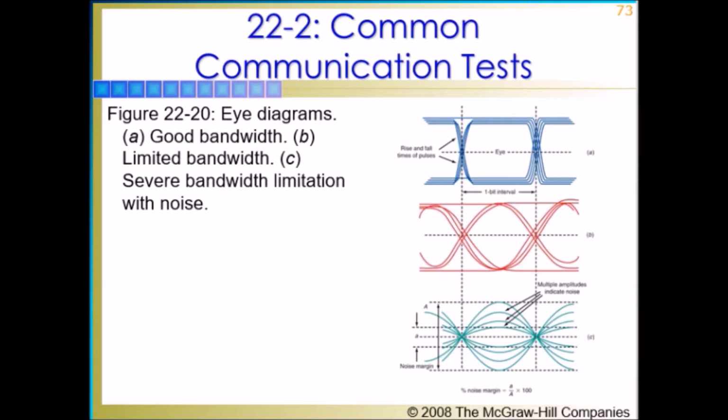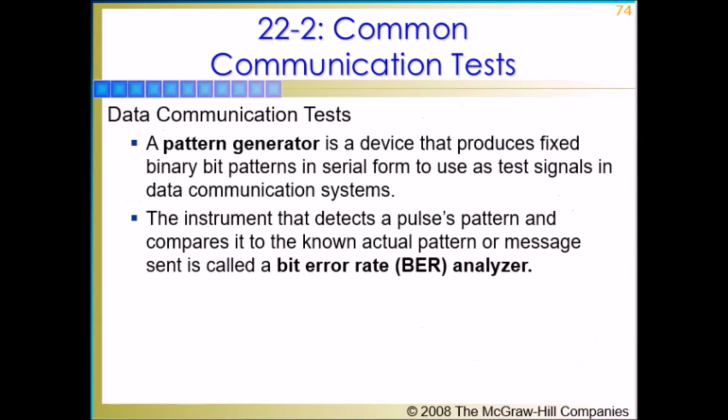This makes the receiver's job of clearly distinguishing the binary 1 from the binary 0 more difficult. Furthermore, noise is usually picked up along the transmission path, making the received signal a poor representation of the original data signal.